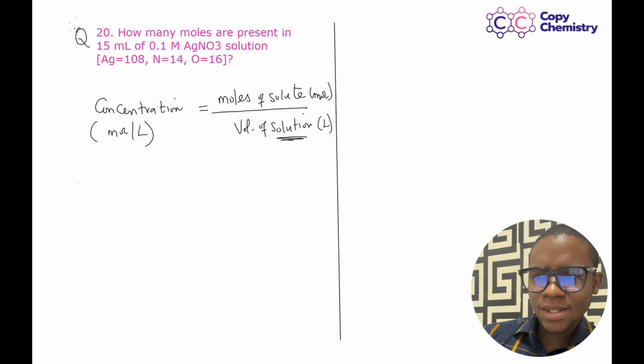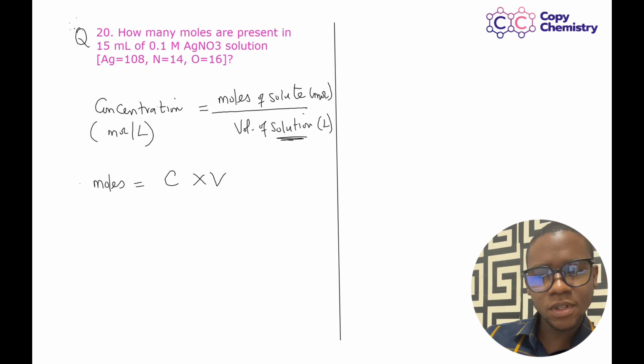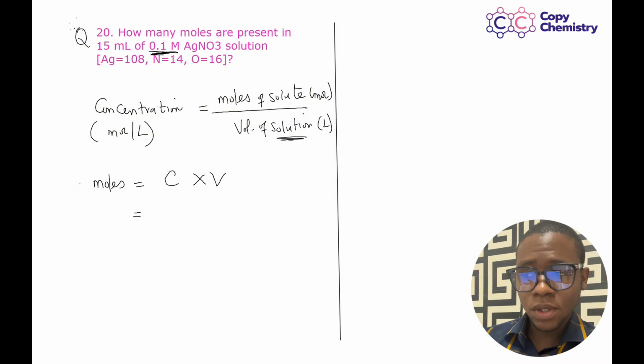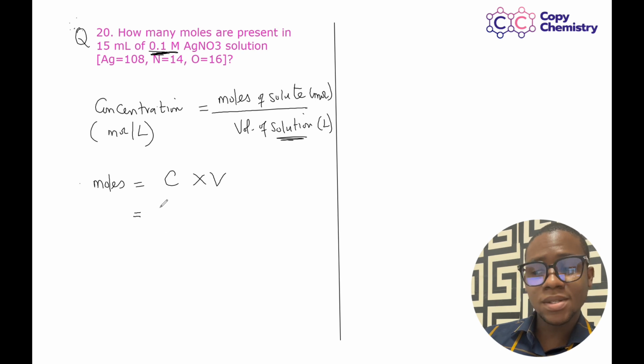So if we want to get the number of moles of AgNO3 that's here, we can just say moles is equal to concentration times volume. The concentration is 0.1 molar. That capital M is called molar, M-O-L-A-R, and it's the same thing as mole per liter.